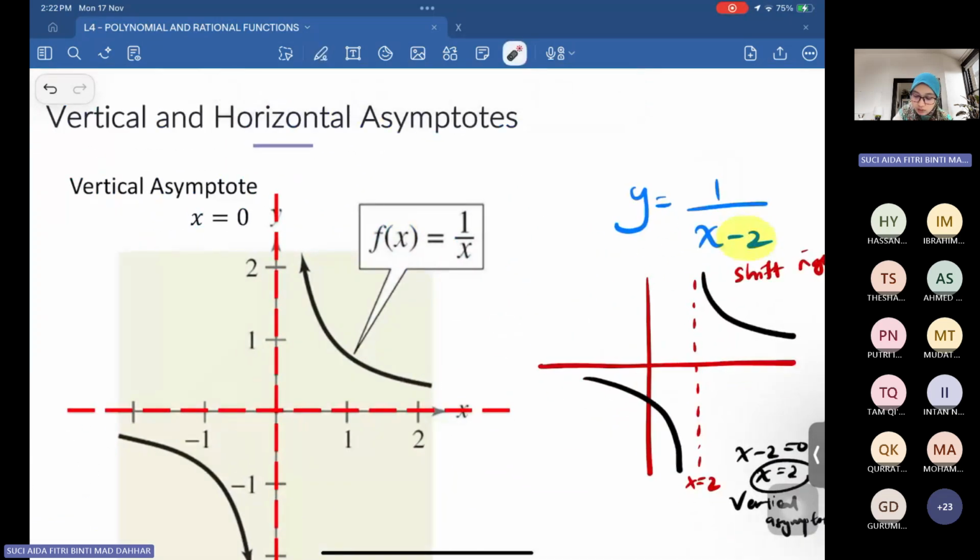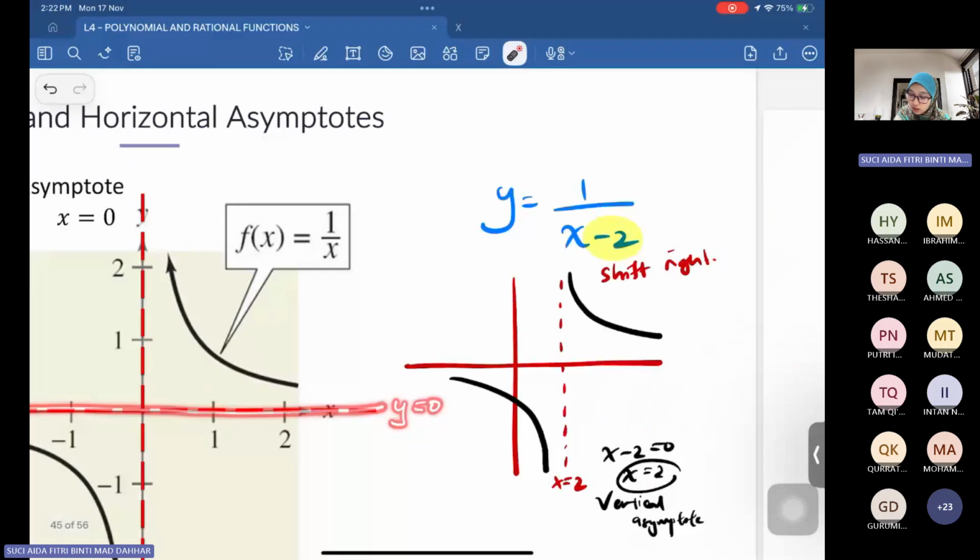How about the other function here? See, there's no x term on the top, so it's actually x to the power of 0 on the top. The highest power in the bottom is x to the power of 1. So this is lesser. That's why the horizontal asymptote is lying on y equals 0. The same case here.